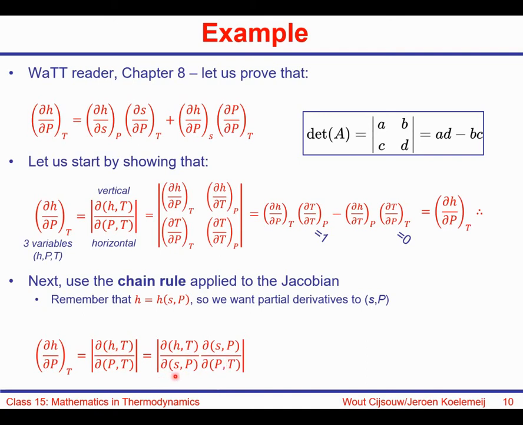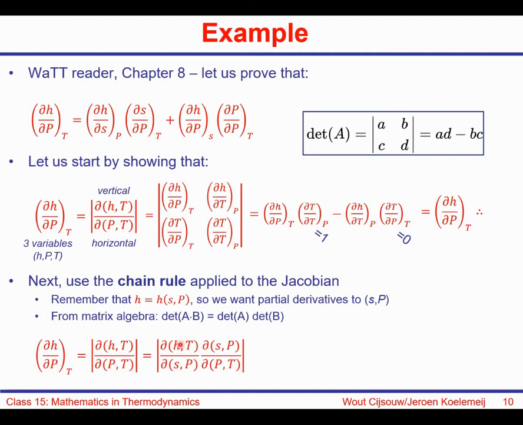And why do we choose to introduce S and P as a dummy variable here? Well, that's because the energy, the enthalpy in this case, is expressed as a function of S and P. And that's how we eventually find partial derivatives that are equal to the temperature, for example, so that the dependence on H drops out. So this is something we can do.